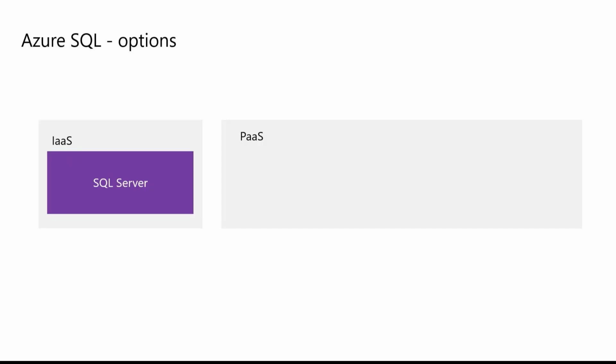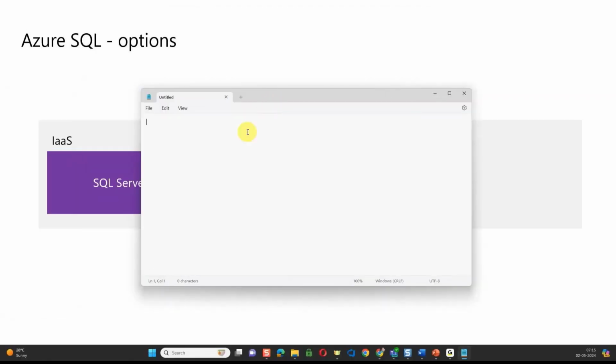Okay, that's okay. Let me explain. I'm going to bring up a notepad. I will write down the steps here. So on-prem, let's say if you want to create a SQL server for the very first time, the very first step is you have to have a virtual machine, either Windows or Linux.